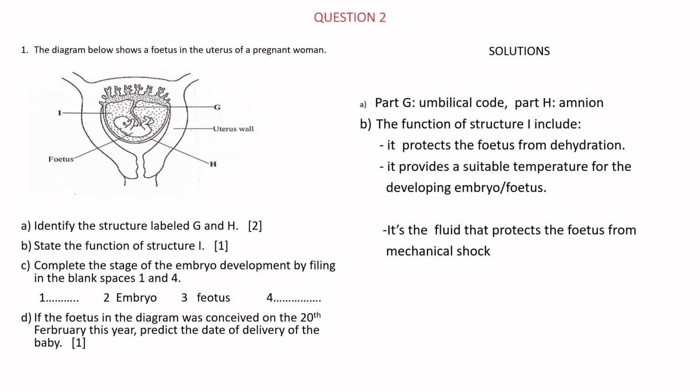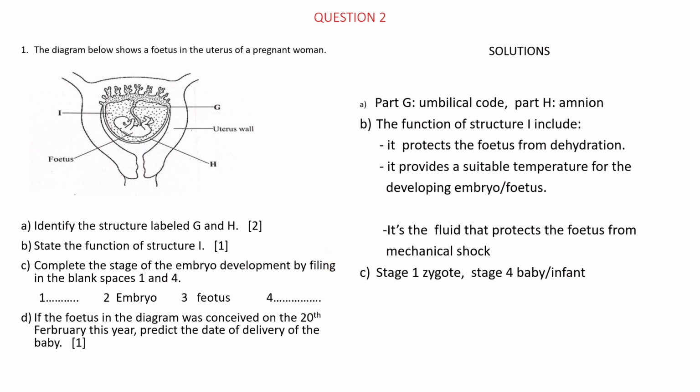This was a question that I was talking about, very much important. You fill in the stages of the development of the embryo. So you start stage 1, the zygote; stage 2, embryo; stage 3, fetus; stage 4, baby or infant.